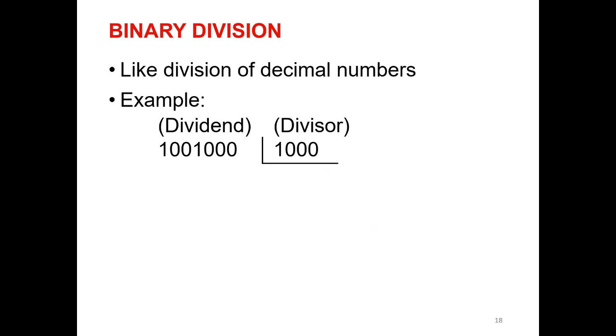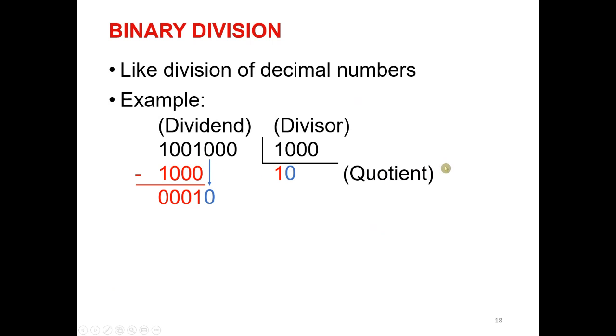First of all, we just multiply the divisor by 1 and see that we have 1 as a remainder. Then we cannot multiply any value by 1000 to be subtracted from 1. So we need to bring down a 0 here and put 0 there.